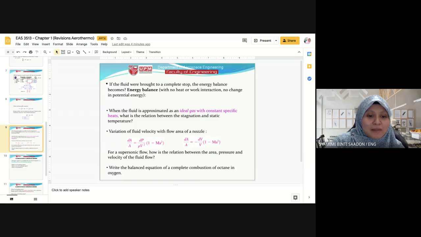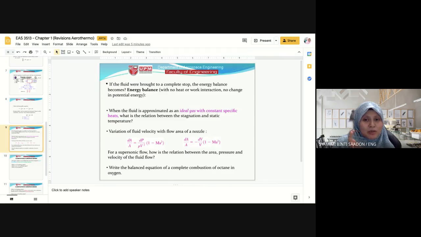but assuming no heat, no work interaction, for high speed gas fluid flow, high speed velocity, when it is brought to a complete stop, or stagnant, or we brought it to rest adiabatically.